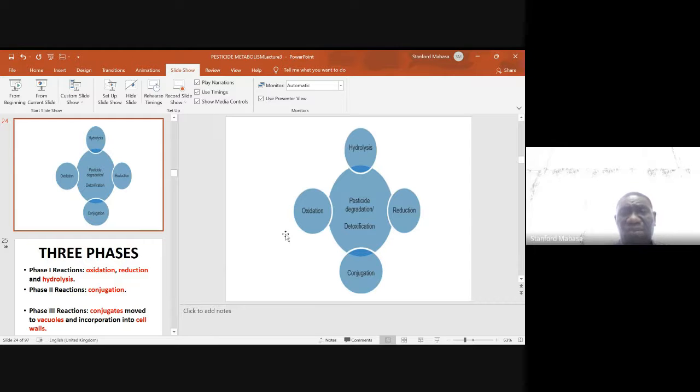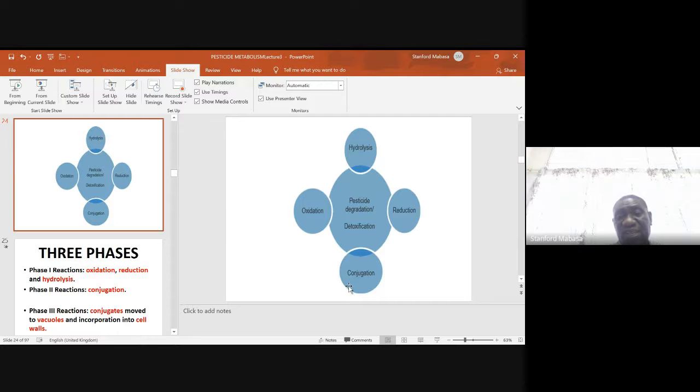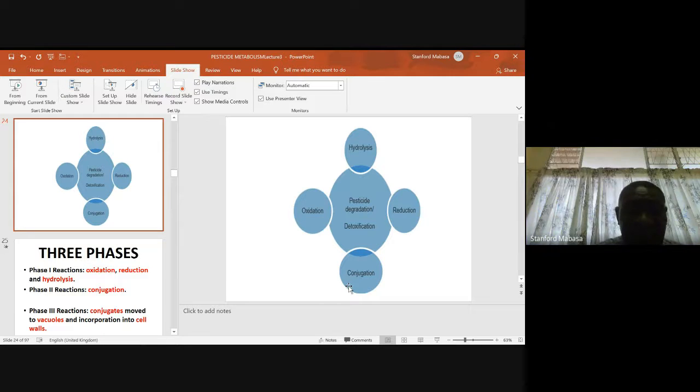But in phase 1, we will have oxidation reactions, hydrolysis, reduction, and actually these three, oxidation, hydrolysis, and reduction, are occurring in phase 1. And the conjugation is occurring in phase 2 and 3.